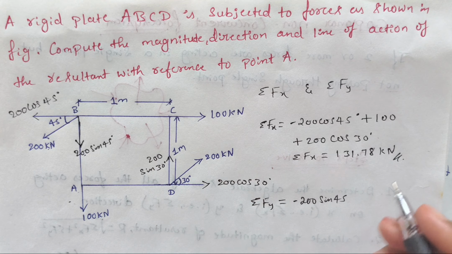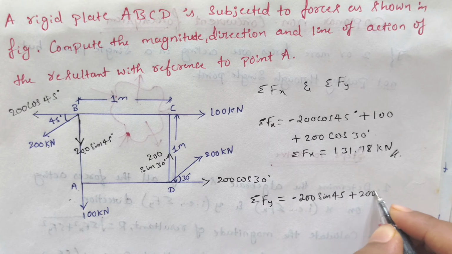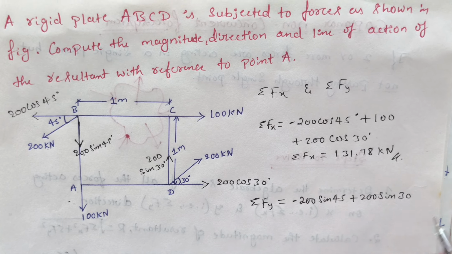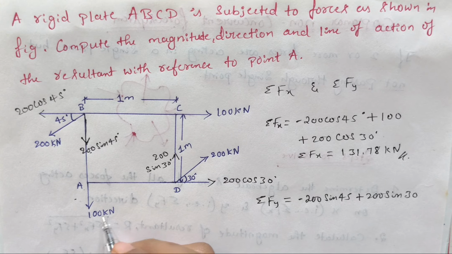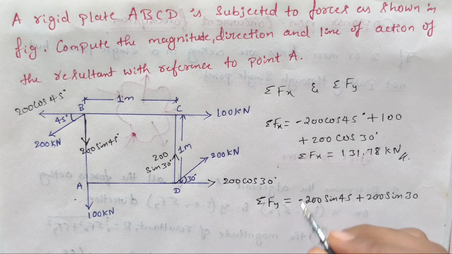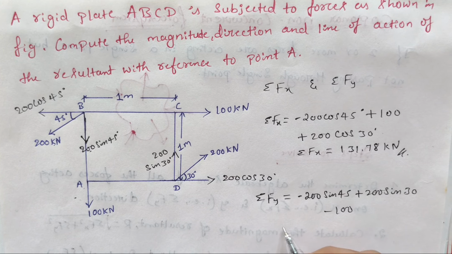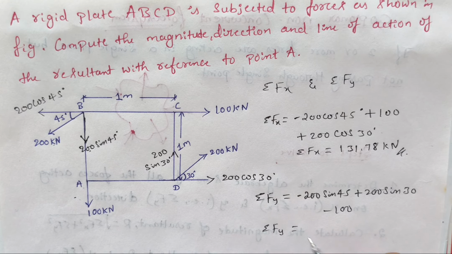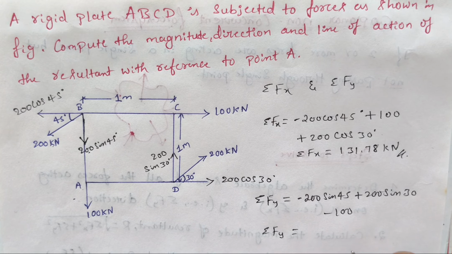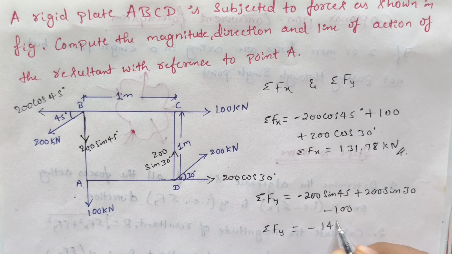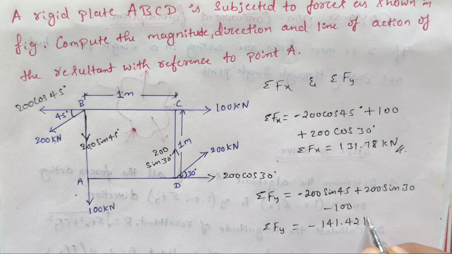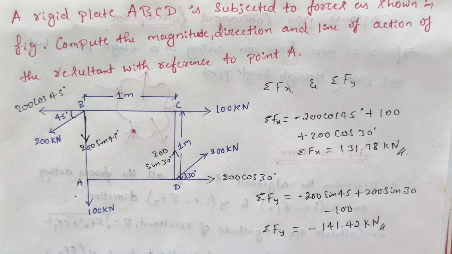And this is vertical moving upwards, so that is plus 200 sin 30. And the next one is 100, moving downward, so it will be minus 100 kilonewton. While solving this, you will get sigma Fy value as minus 141.42 kilonewton.